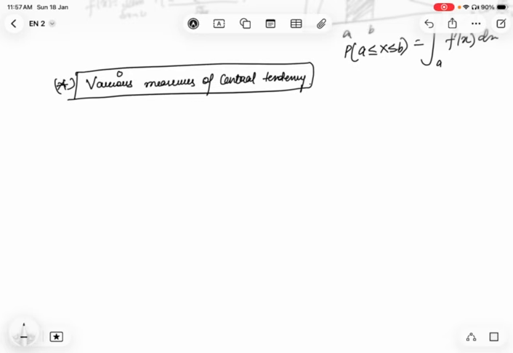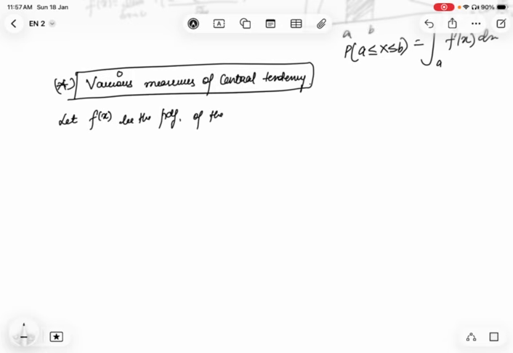What is central tendency? Central tendency gives an idea about the middle point of the distribution. For example, mean gives the average, median gives the middlemost point, and mode is the value that comes most frequently.